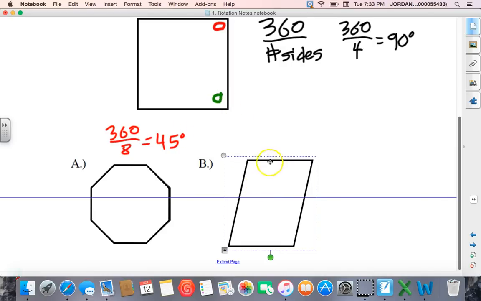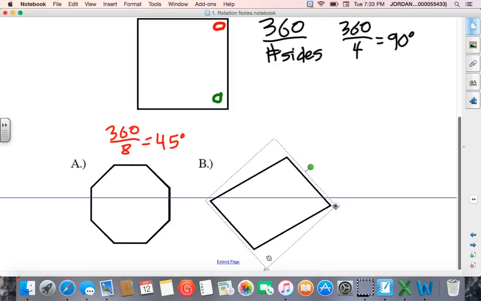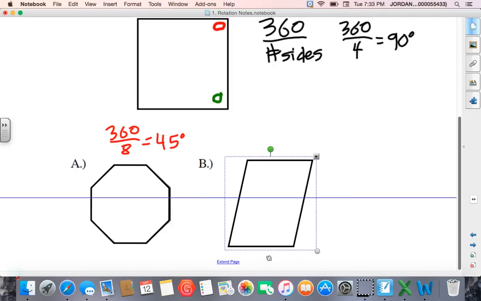A regular polygon, the sides all got to have the same length. So 360 divided by 4 would be 90, so we'd expect 90 degrees, but 90 degrees doesn't give us the same shape again because it's not a regular polygon. It's like a diamond shape or parallelogram kind of thing. So it's got to be a regular polygon in order to be able to use this rule to determine how many degrees it takes.